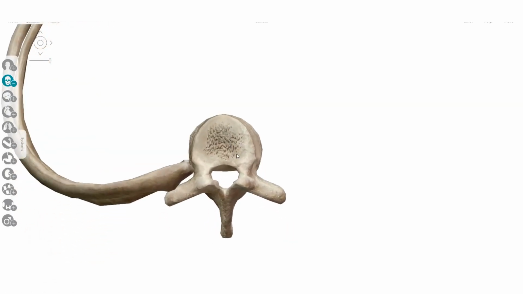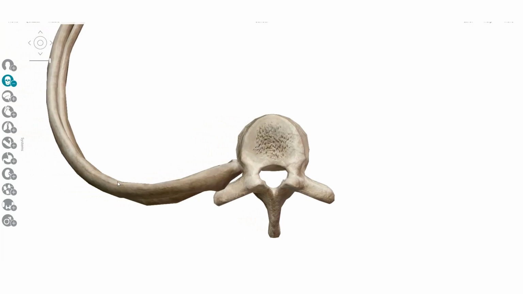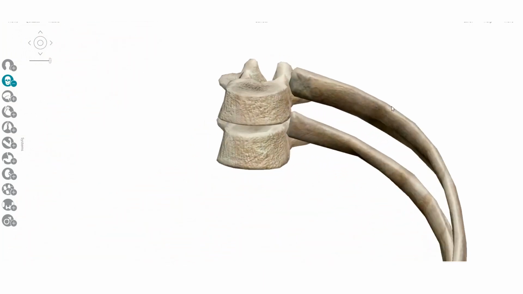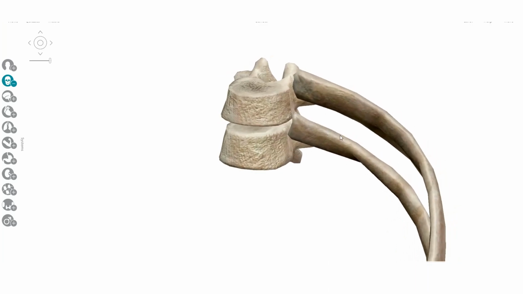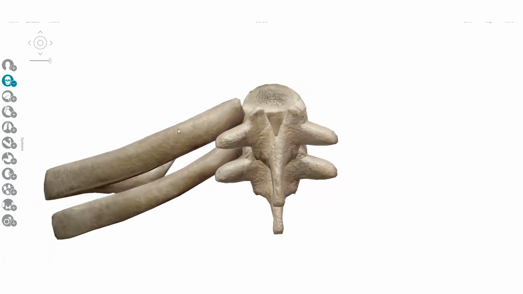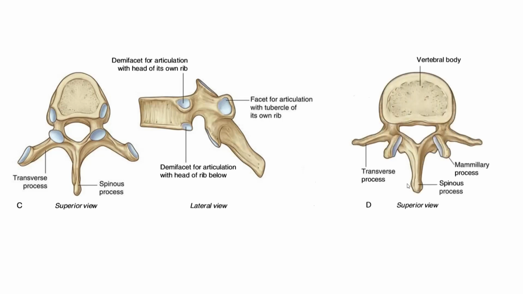So as you can see here, we have the thoracic vertebra and its ribs attached to the vertebral body here, two ribs attached to one vertebral body, but only one rib attached to the transverse process.